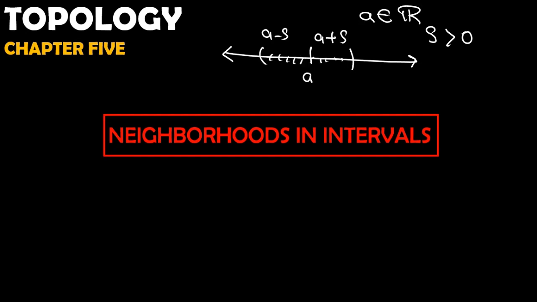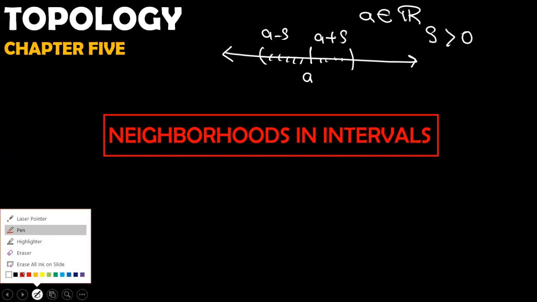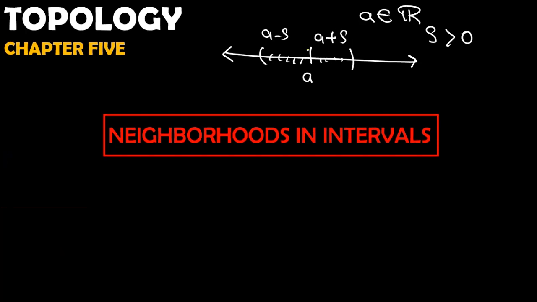So consider that I have a point A, and I have added a small distance delta from the right side and from the left side of A. This is the positive side of the real number line, this is the negative side.